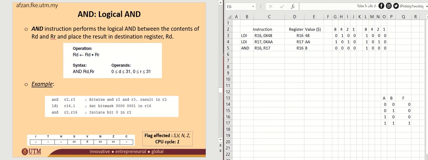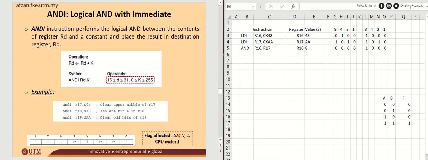Next, we are going to see the next instruction. The next instruction is ANDI, in which you want to do a logical AND with an immediate value. This instruction performs the logical AND between the content of register RD and a constant. After that, you place the result into the destination register RD.